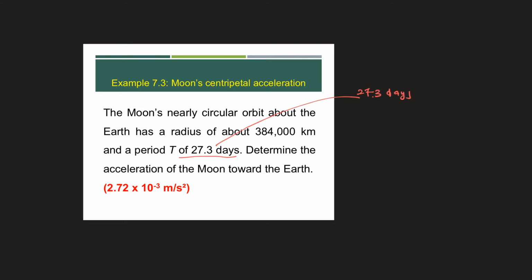For you to find the seconds, T equals 27.3 days times 24 hours per day, times 3600 seconds per hour. So you are going to get 2.36 times 10 to the power of 6 seconds.